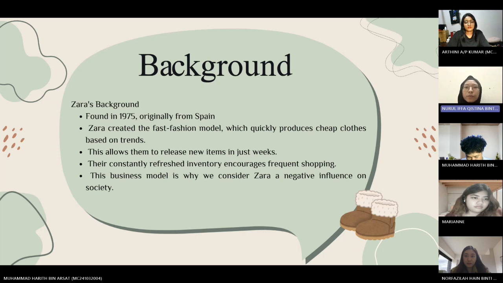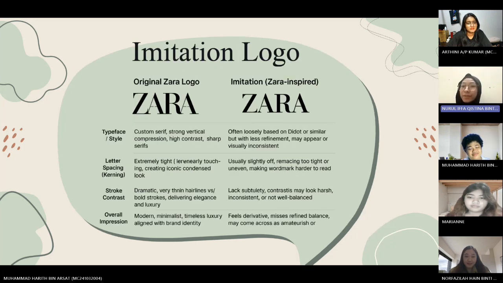Their inventory is consistently refreshed, incentivizing frequent purchases. So the specific model we are discussing today is about the main reasons why we consider Zara a negative influence in society. So we are proceeding to the imitation logo.